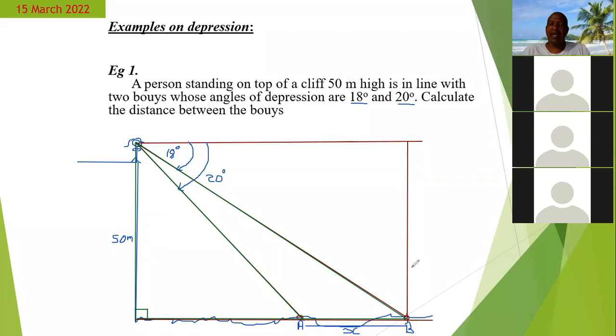So we can get the angles inside in two ways. We could use the property of Z angles. If we use the property of Z angles, you could look at where you form a Z. So this could be a Z.